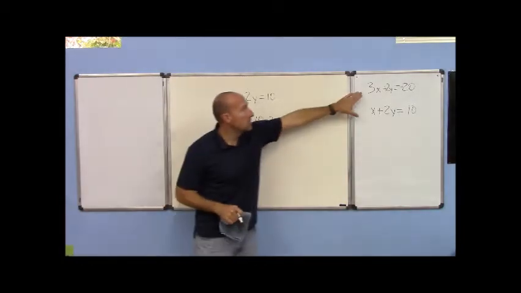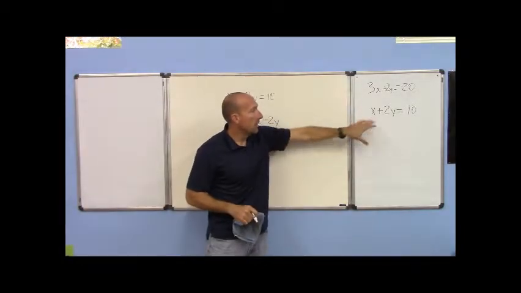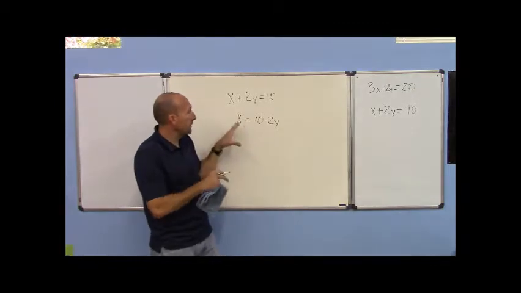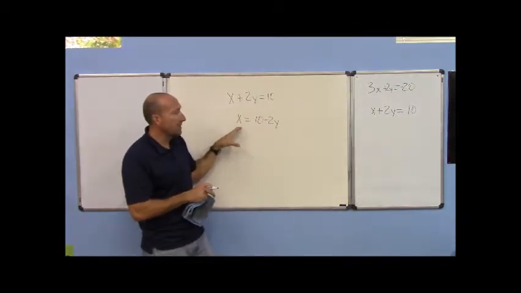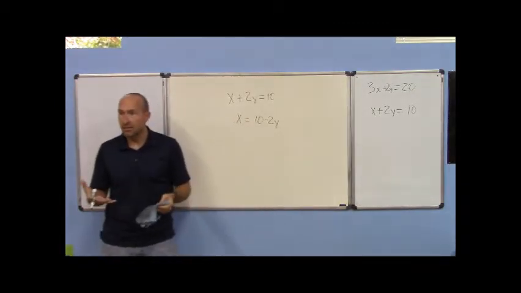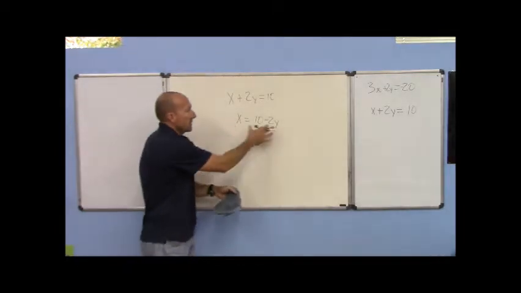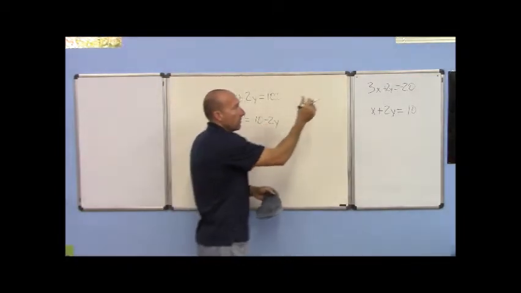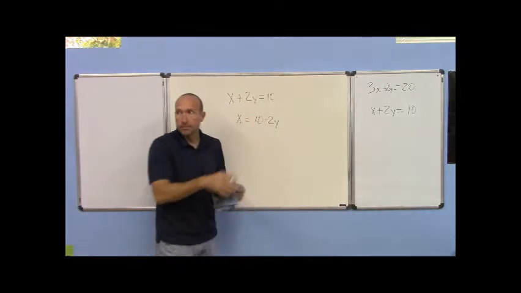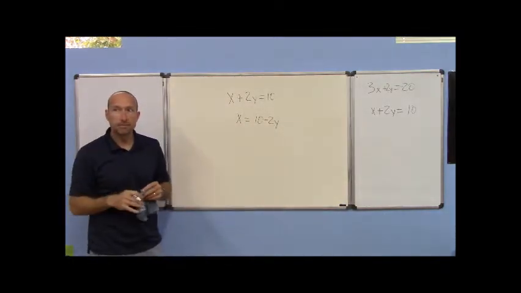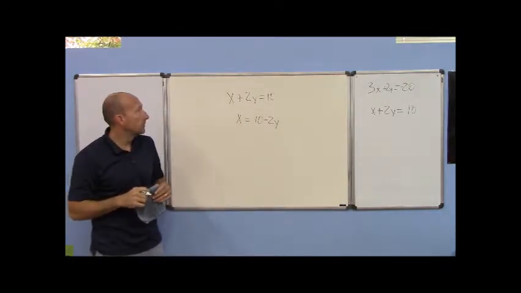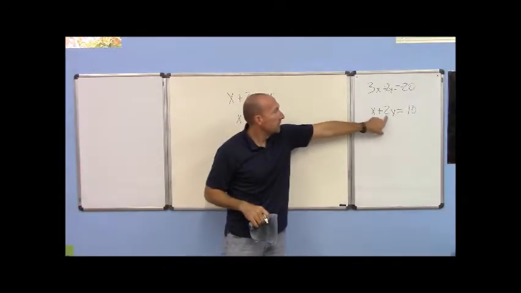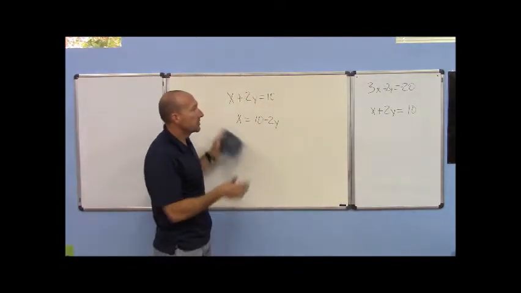So find the one that is more simple for you, then get whichever variable you want by itself that's going to be the easiest, and then you can go in and do all of your substitution. Make sense? Yes. How did we get the 2y equals 10? I just made that up, just to show an example.